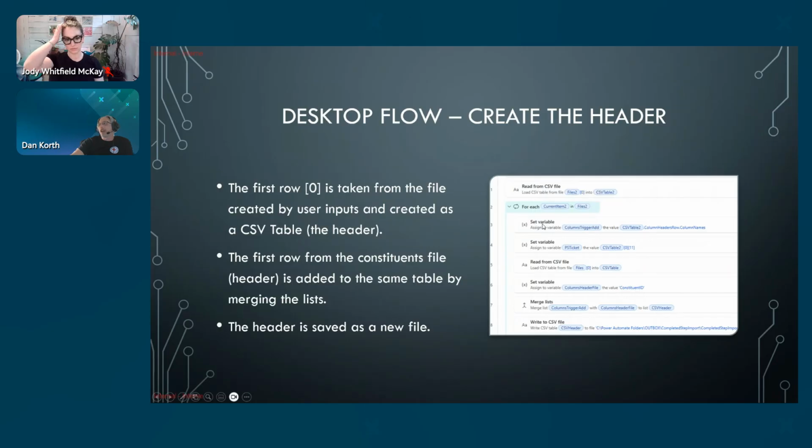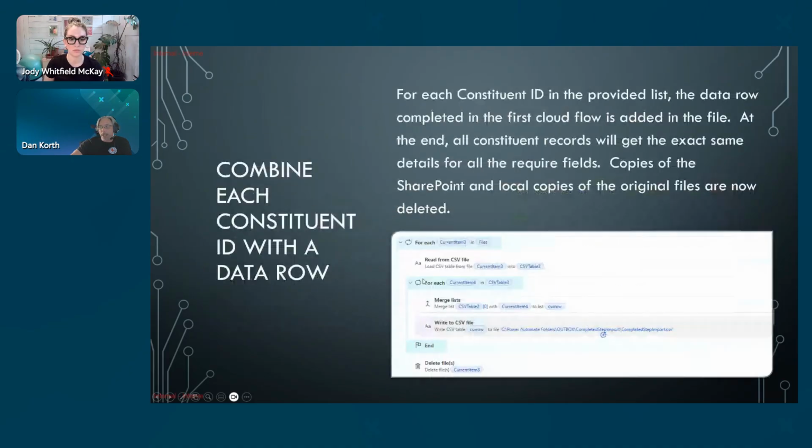And then from there, it creates a set of variables that is basically the header itself plus the constituent ID header, and smashes those two together as row 1 and saves it as a CSV file. So a lot of steps just to create a new header, but from there, we can now read each row from our constituent file and attach that to all of the fields that somebody filled out in that original Power Automate file.